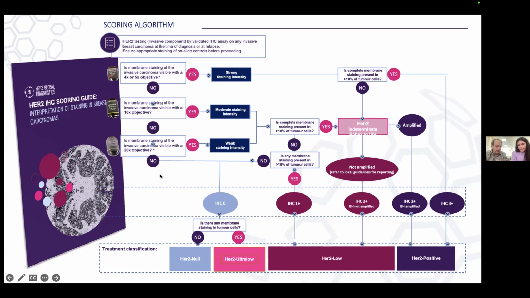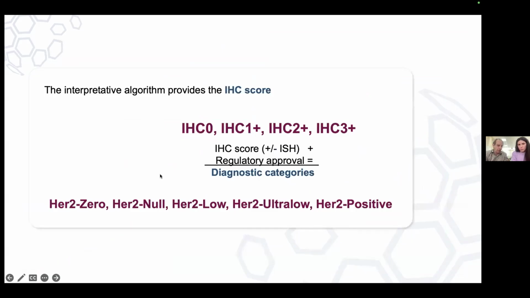Now, the whole world uses the magnification rule, but for those of us that are new to this field, we'll go through it. Please remember that these IHC scores, 0, 1 plus, 2 plus, and 3 plus, and now 0 without membrane staining and 0 with membrane staining, so 5 IHC scores, are just IHC scores, they're not a diagnosis.